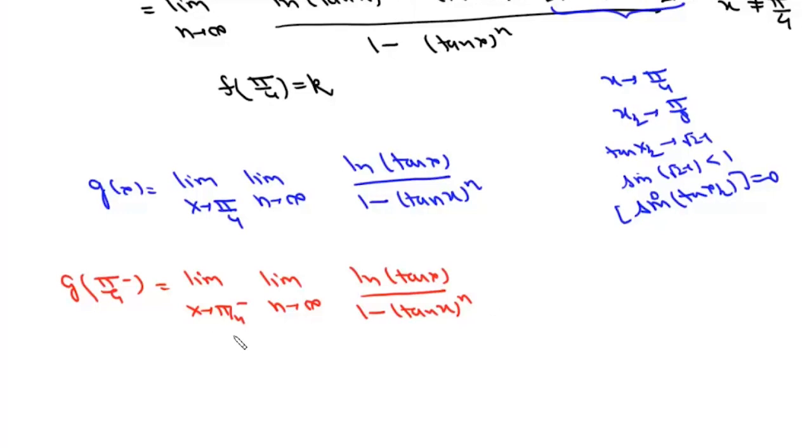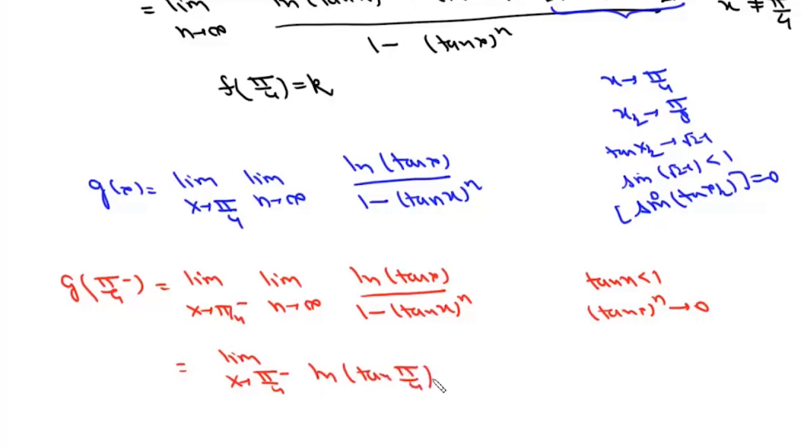Now when x is less than pi by 4, then tan x is less than 1, and if tan x is less than 1, then (tan x) to the power n will be 0 as n approaches infinity. So it will be limit x tends to pi by 4 negative, and this is log tan pi by 4, which is log 1, that is 0. So the left hand limit at pi by 4 is 0.